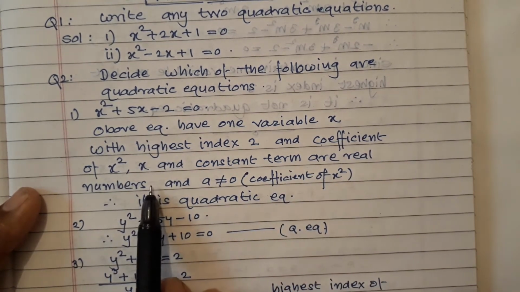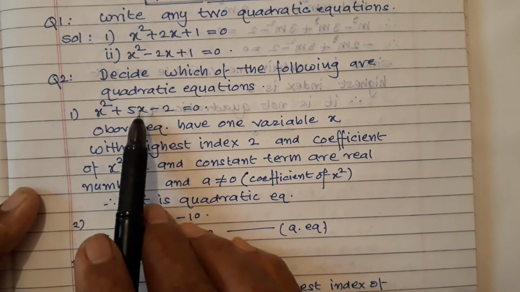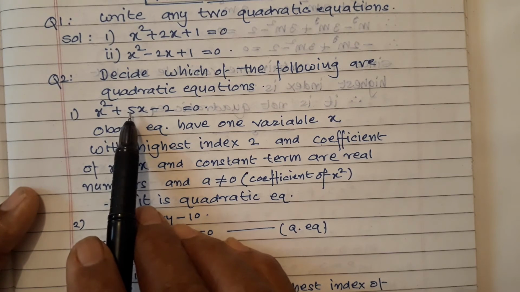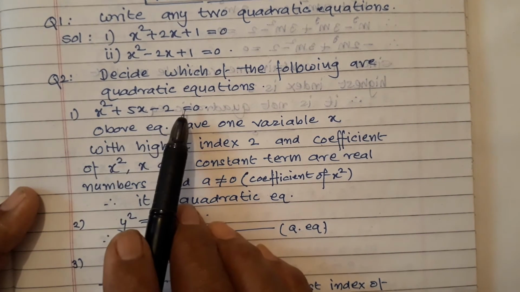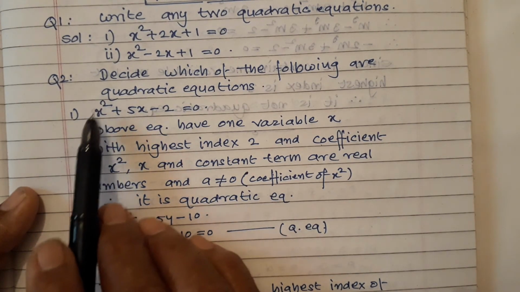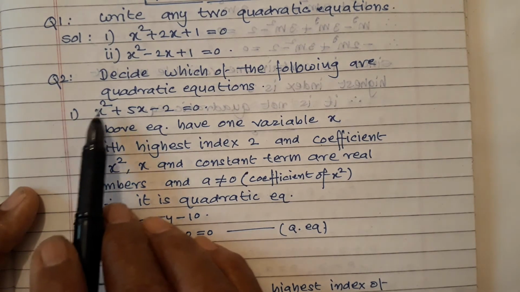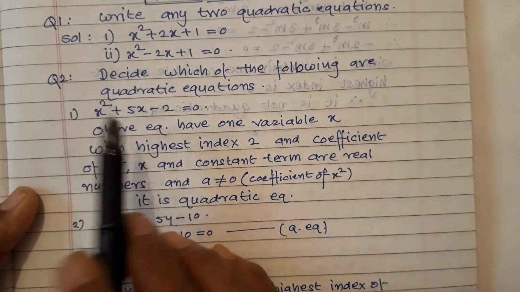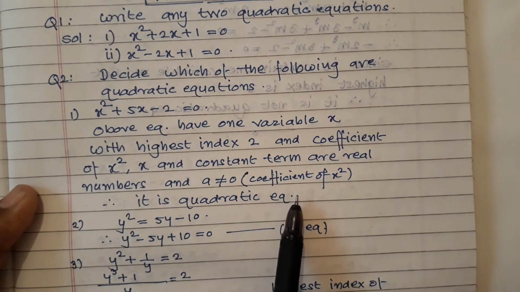Real numbers, because the coefficient of x square is 1 here, the coefficient of x is plus 5 here, and the constant term is minus 2, all are real numbers. And a means the coefficient of x square is not equal to 0. Here the coefficient of x square is 1, which is not equal to 0, and therefore this is a quadratic equation.